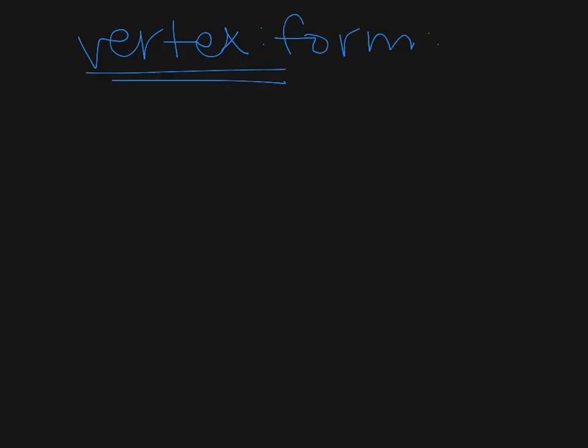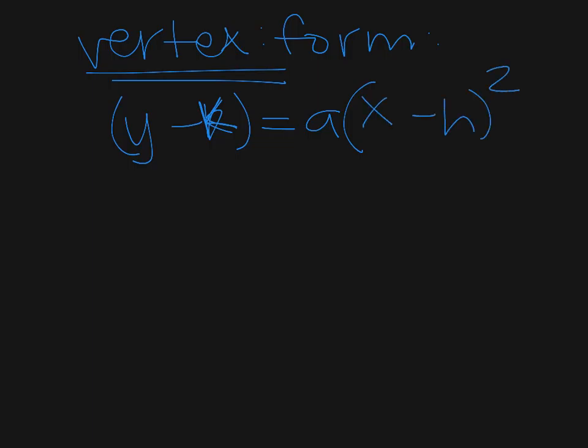So this vertex form is y minus k equals a times x minus h squared. Since there's only one squared term, which is what we make when we complete the square, we complete the square only once.